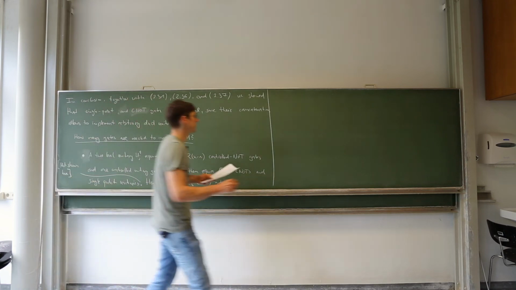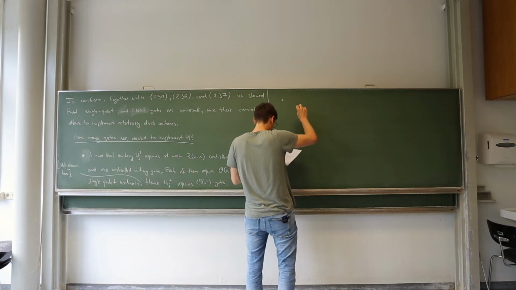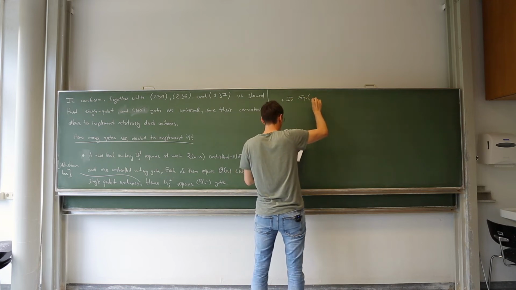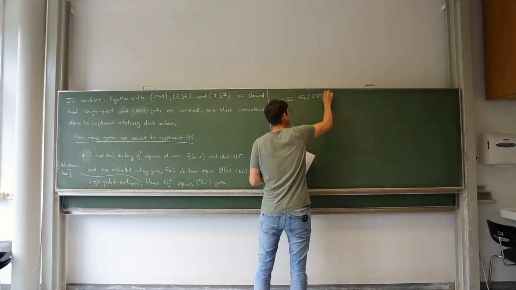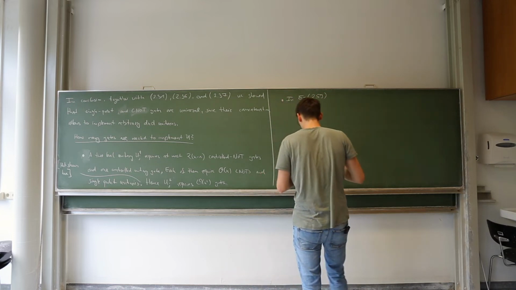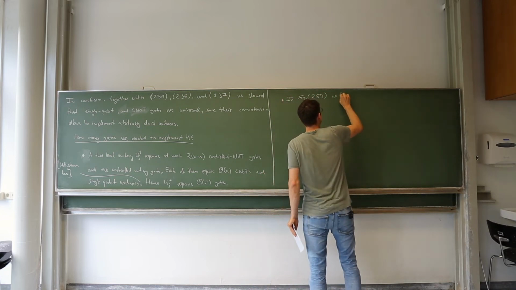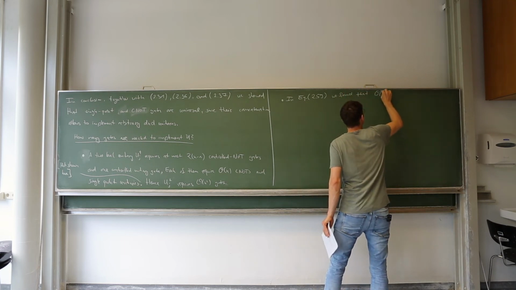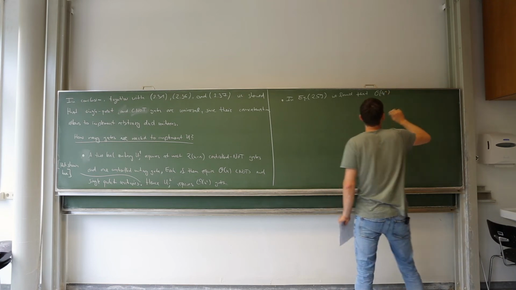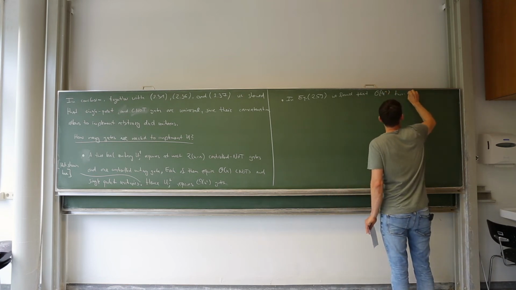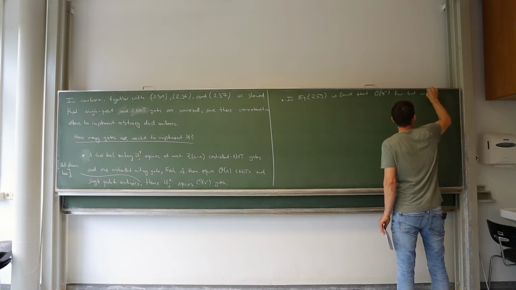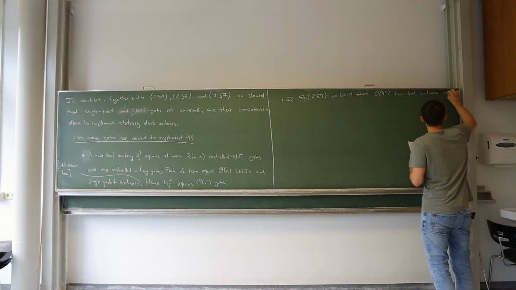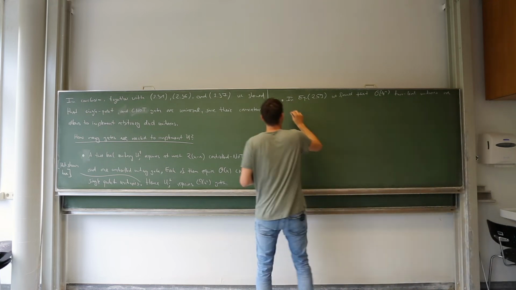And then, as a next step, in equation 2.59, which was today before the break, we found that O(4 to the n) 2-level unitaries are needed for an n-qubit unitary.